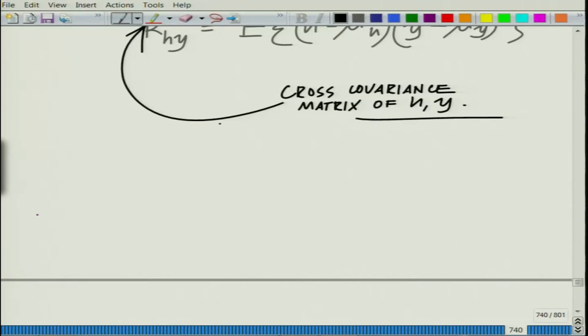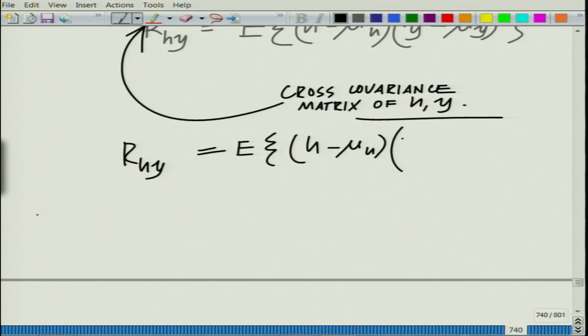And what is the formula to compute this? We already stated the formula, and therefore, R_hy is equal to expected value of (h minus mu_h) times (y bar minus mu bar y), where y bar is x bar h plus v bar.